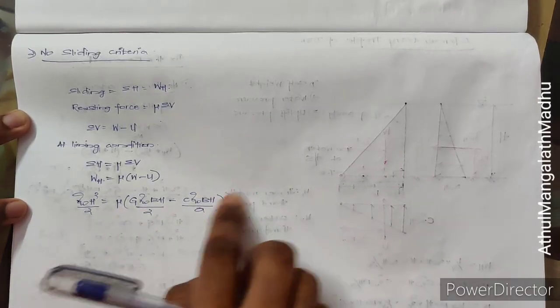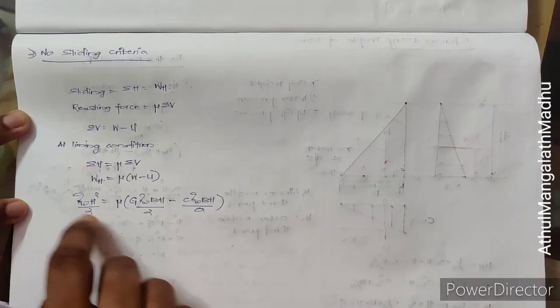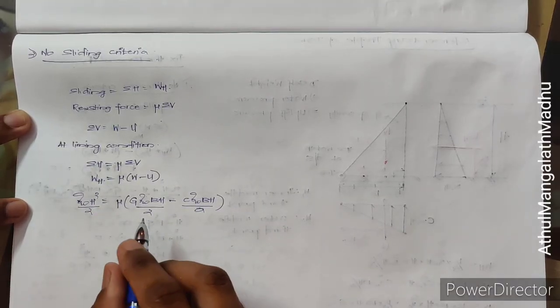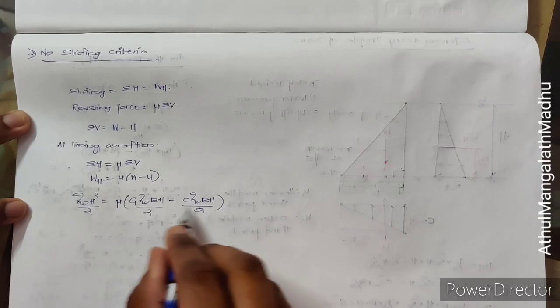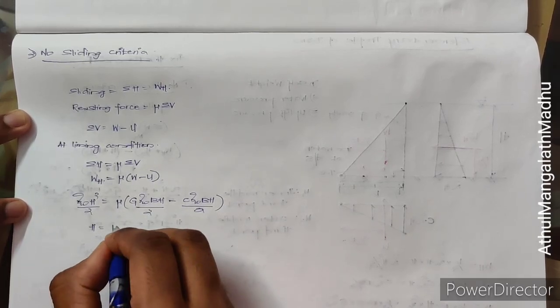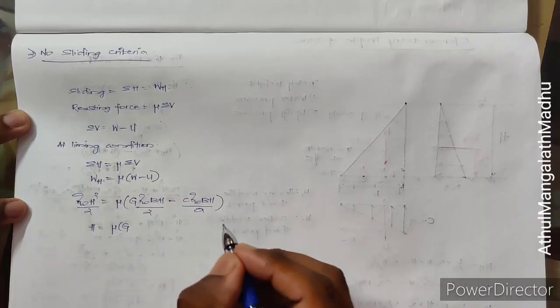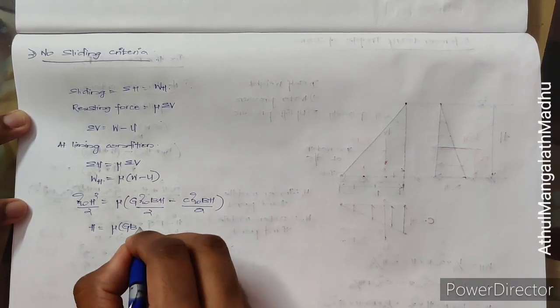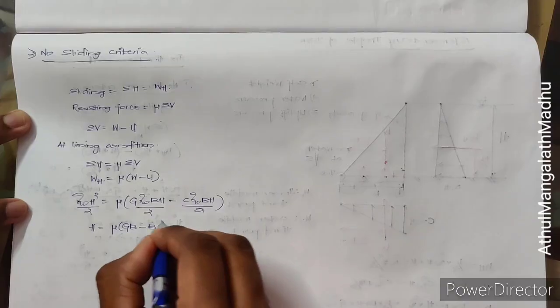Now in this equation also, in every term you have gamma w, 2 and h, and if you take them outside, you'll get h is equal to mu into g into b minus b into c.